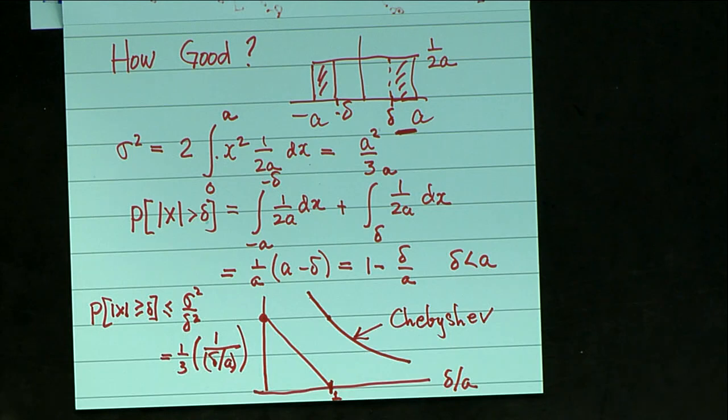So if delta over a is 1, this should be at 1/3.